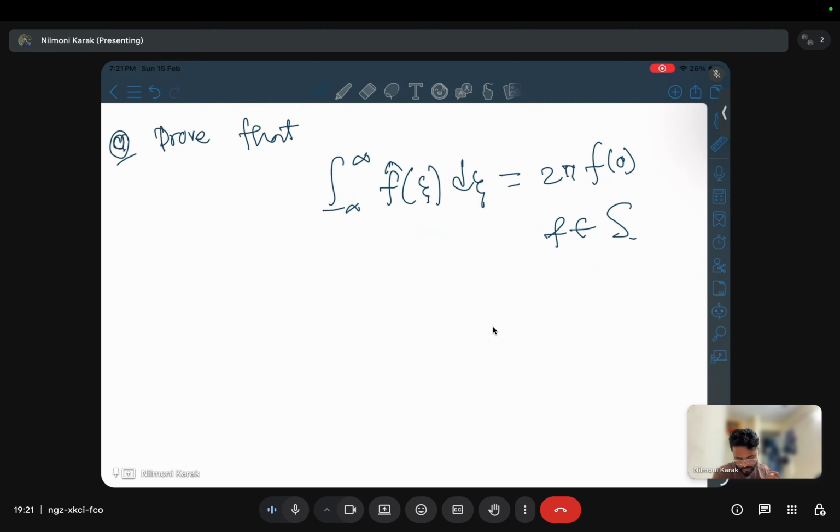You can try with the left hand side integral of f hat(xi) dxi and put the formula for the Fourier transform, so you will get a double integration, and then the same trick used in the proof of the inversion formula, and finally you will get this.